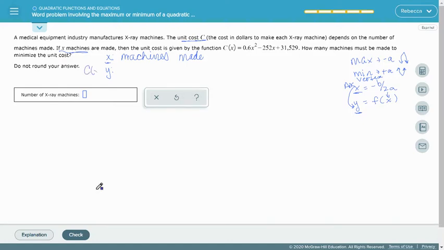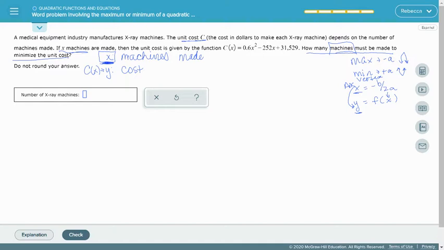So C of x is like saying y, and so that's going to be our cost. So now we read the question again. It says, how many machines must be made to minimize the unit cost? So it's asking us to find machines. So what it is asking us is to find x, the minimum value at x. So it wants the x value of the vertex.